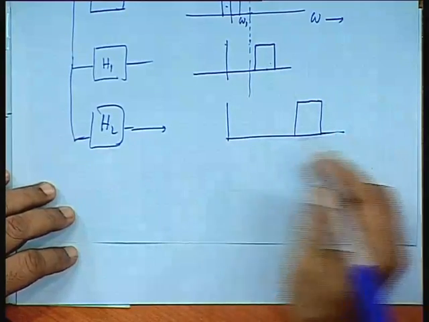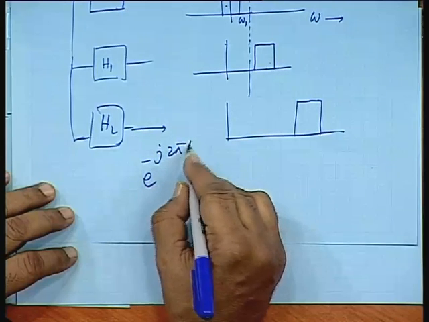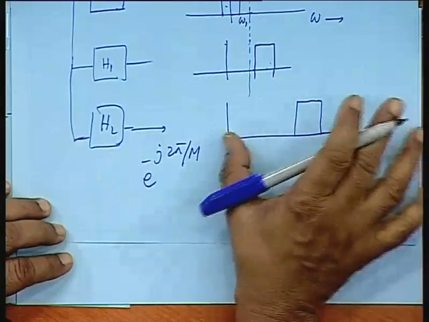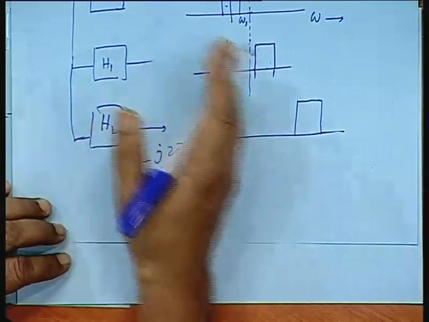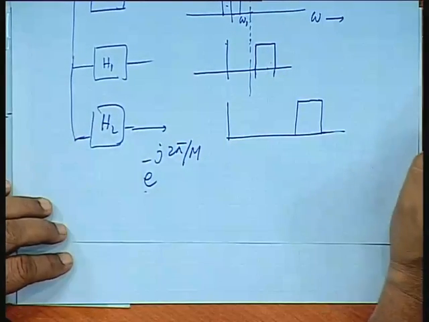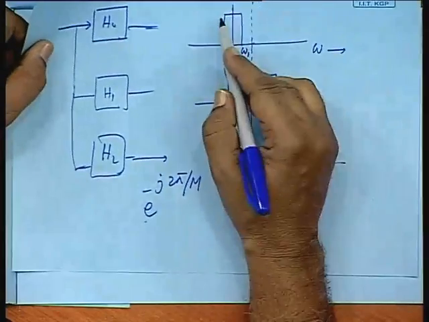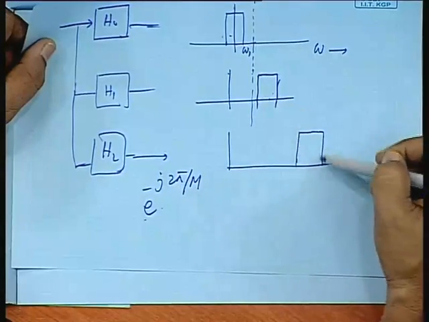And what is that angular shift? If I have an M-band, equal bandwidth filter bank, then e to the power minus j 2 pi by M is the shift. Whatever is the filter function here, multiply by e to the power minus j 2 pi by M, and you will get successive ones.